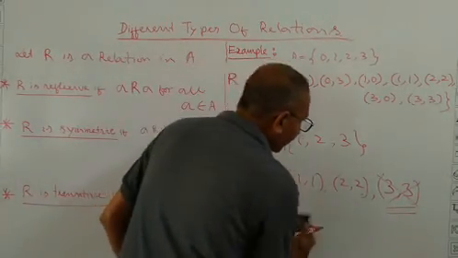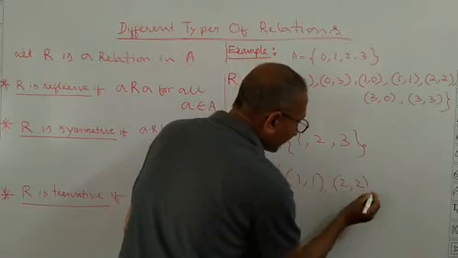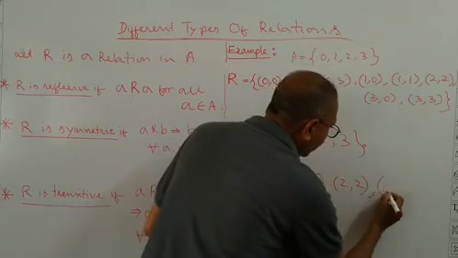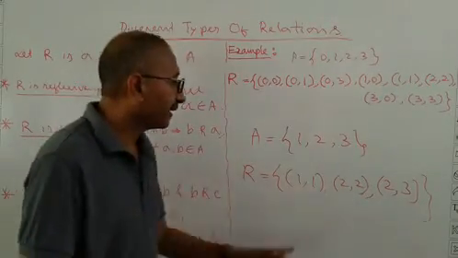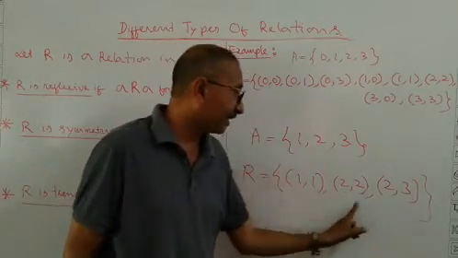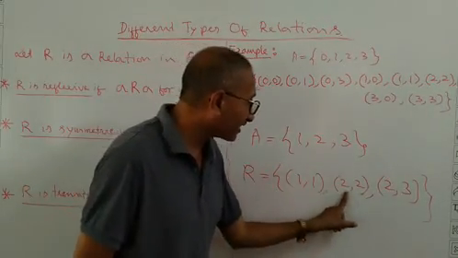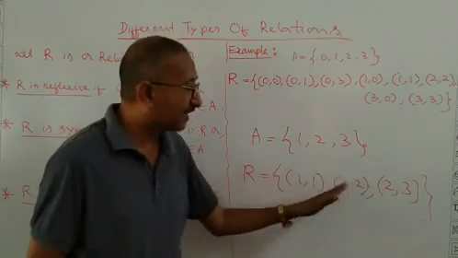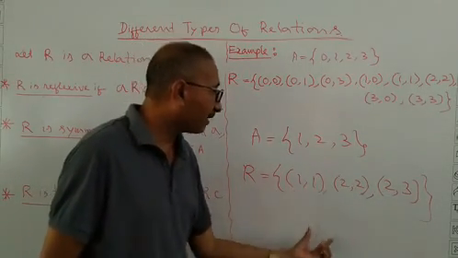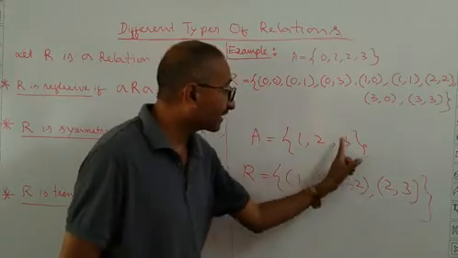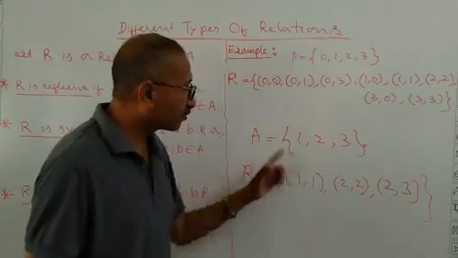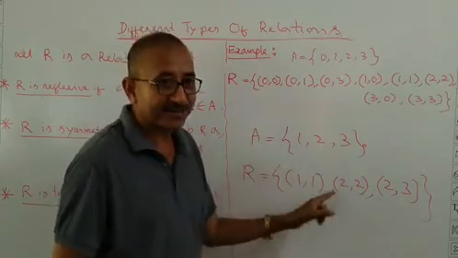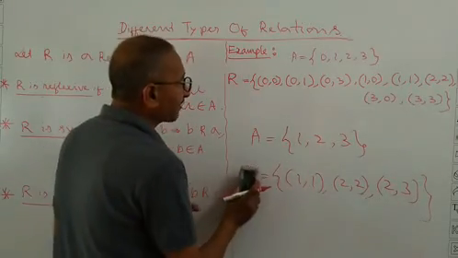Now if I write something else here, say 2, 2, then 2, 3, it's possible to write a relation in this way also. In that case, if you are asked is it a reflexive relation, your answer will still be no, because 1, 1 is there, 2, 2 is there, but 3, 3 is not there. So you should look out for 1, 1 to be there, 2, 2 to be there, 3, 3 to be there, then it will be a reflexive relation.